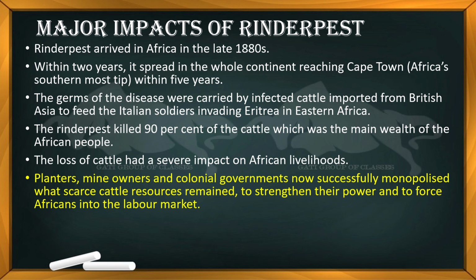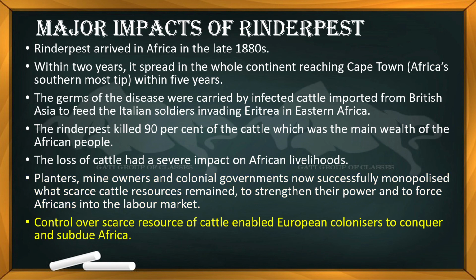Whatever animals were left were taken by the government, and it forced the Africans to work in the labor market. Control over the scarce resources was now under the European colonizers. So it was very helpful for the Europeans to take over Africa.